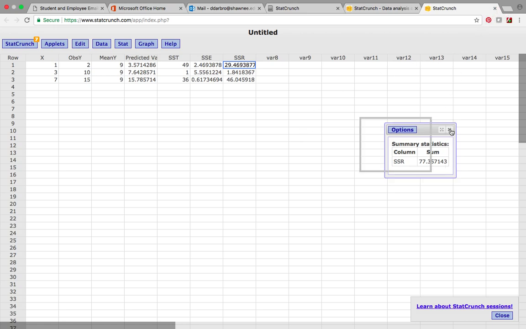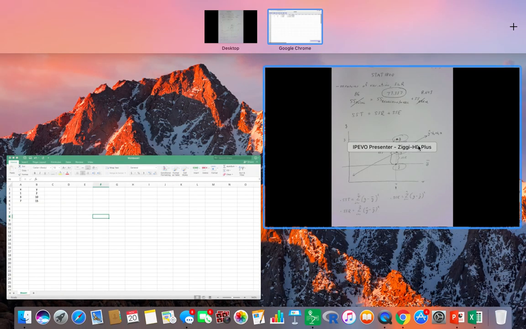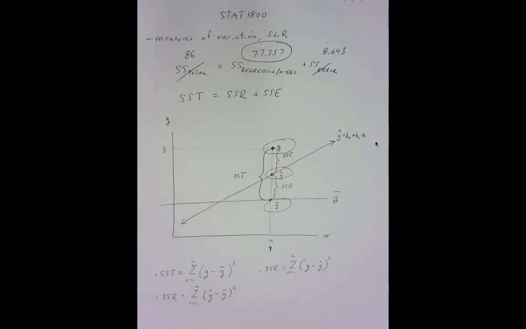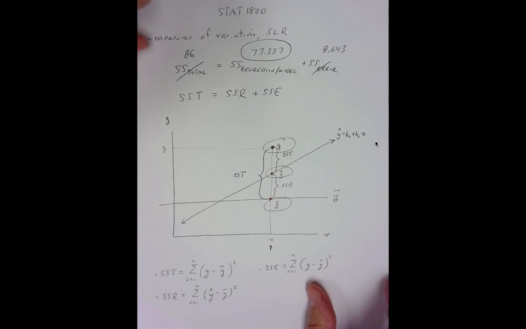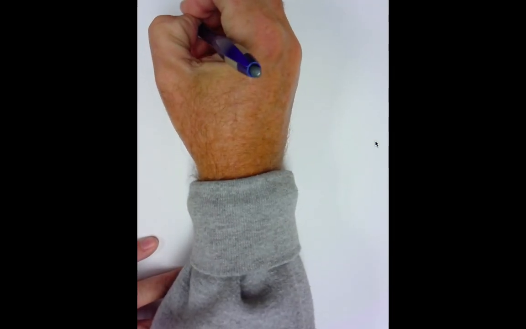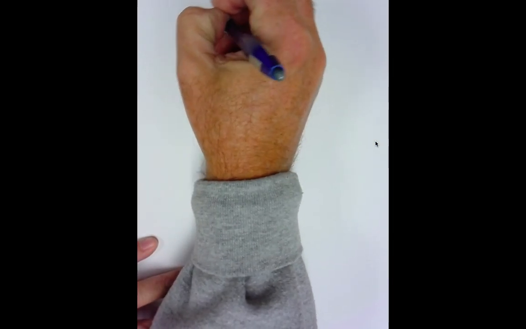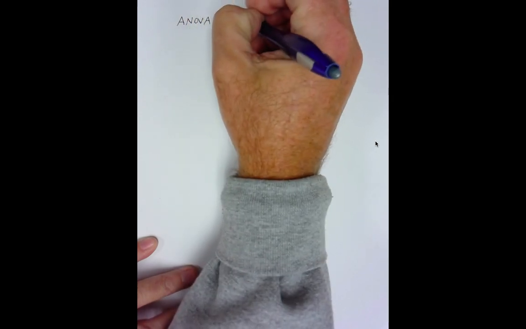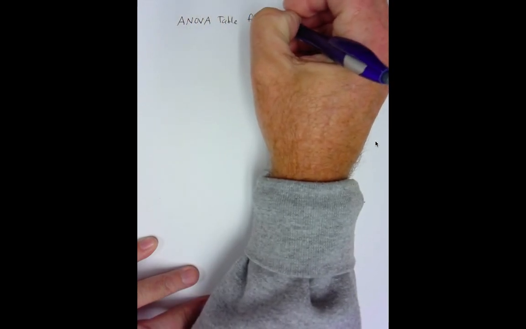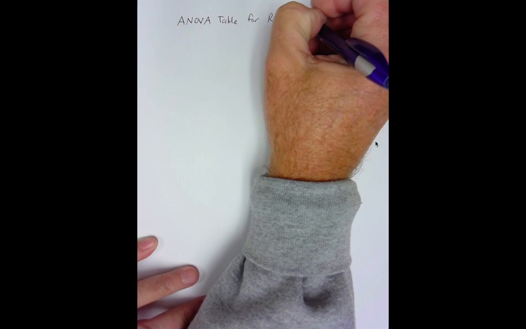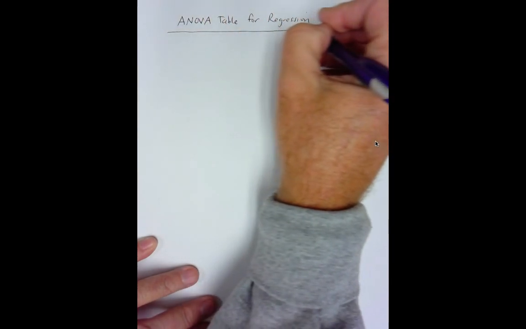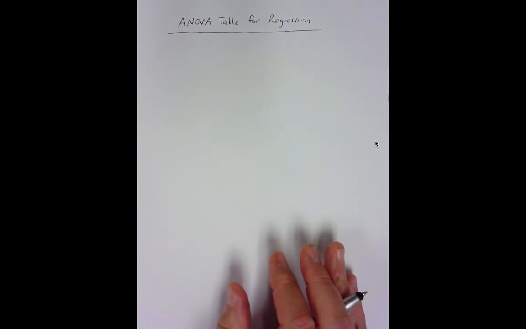All right, now let's think about what we've got here. We've got some sum of squares. And what that's going to allow us to do is create an ANOVA table for regression. Remember an ANOVA table for ANOVA?